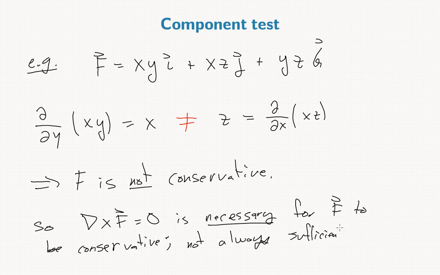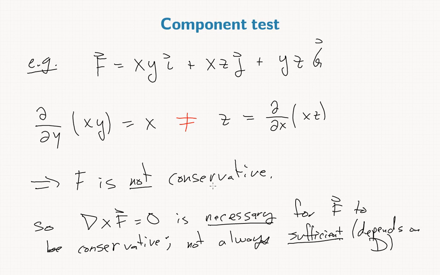And in fact, this turns out to really depend on the domain D that we're considering. If our vector field is defined everywhere, then it turns out that it is sufficient.